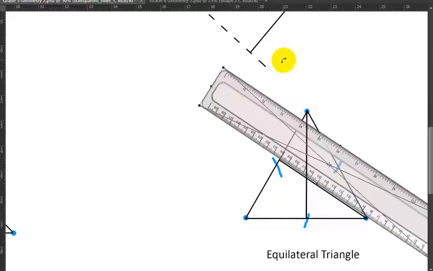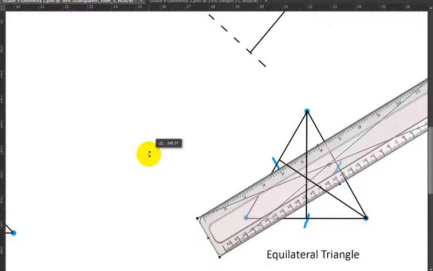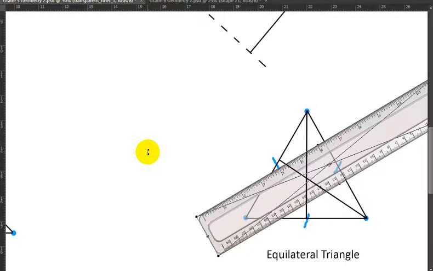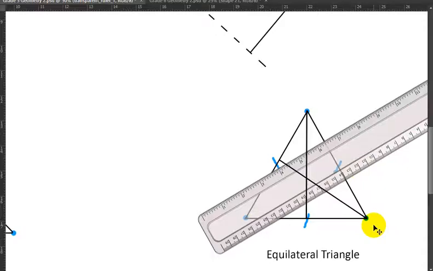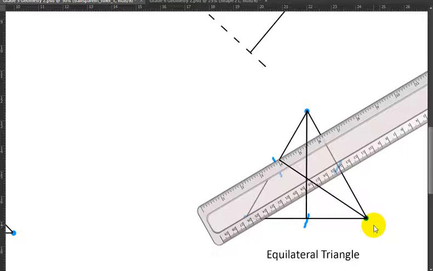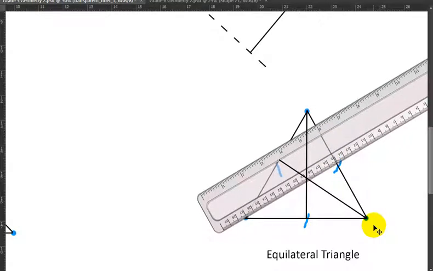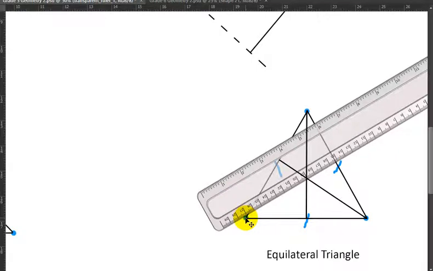I will rotate it again so that it is perpendicular to this side. There we go. And now I will bring it up right there. Oh, I could have gone a little higher because theoretically this is a little extra, but okay.